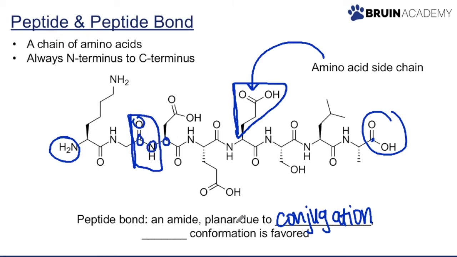And a trans conformation is favored in peptide bonds because, I'm going to move over to this peptide bond here so it's less cluttered, this trans conformation allows more space for these side chains to fit in the molecule. It reduces the torsional strain, and if you could imagine, if this was pointing this direction instead, this whole side chain would be flipped over. It would be fighting for space with this side chain here, and that would be really unstable for the molecule. So a trans conformation is favored.